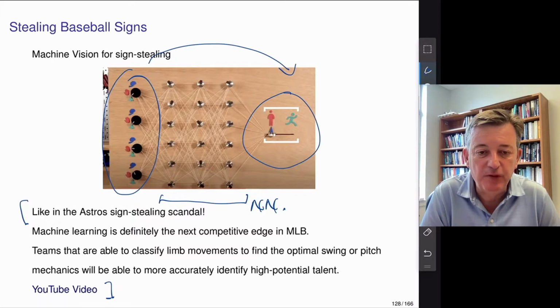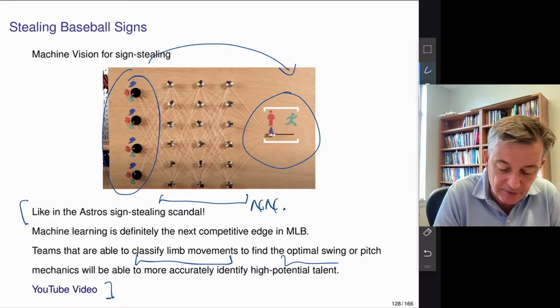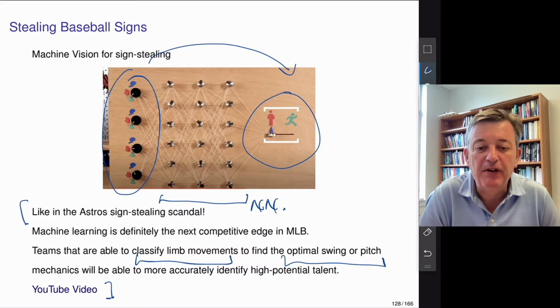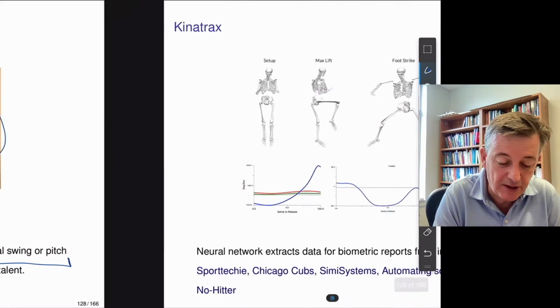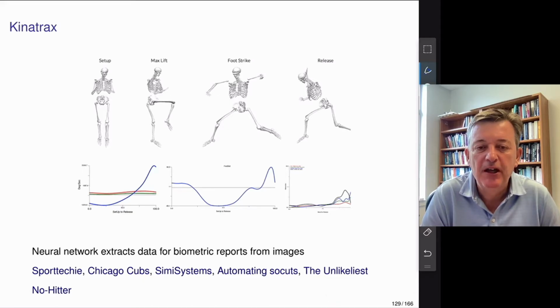So quite interesting. Clubs have gone to great lengths looking at different limb movements to find optimal swings, optimal pitches. An example of that, I think the latest technology, 2021, before they would put sensors on the pitcher and would try and figure out what was optimal. Now they just take videos and come up with deep learning models.